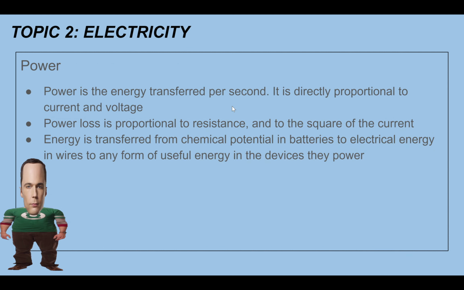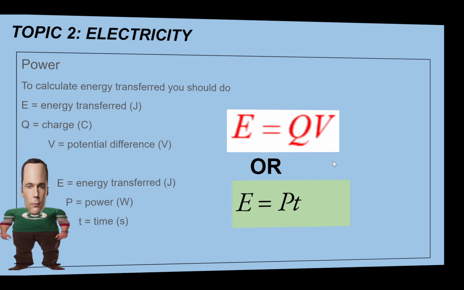Power is the energy transferred per second. It is directly proportional to current and voltage. Power loss is proportional to resistance and the square of the current. Energy is transferred from chemical potential in batteries to electrical energy in wires to any form of useful energy in the devices they power.